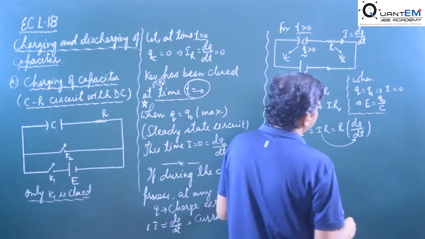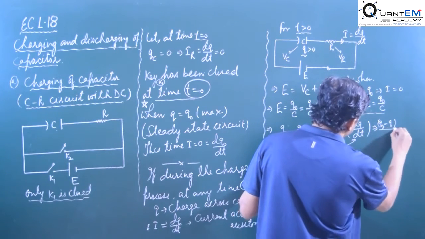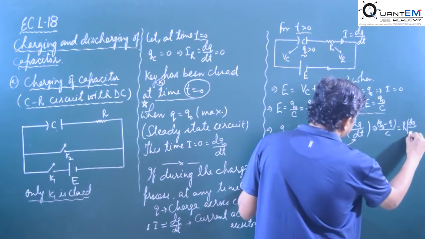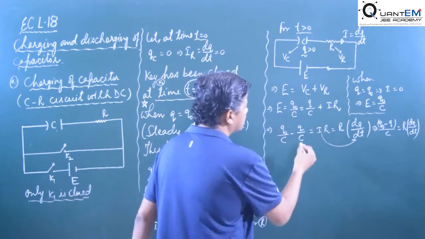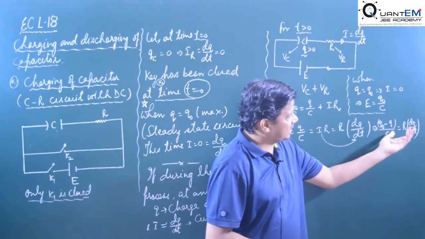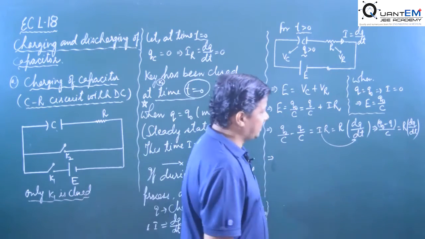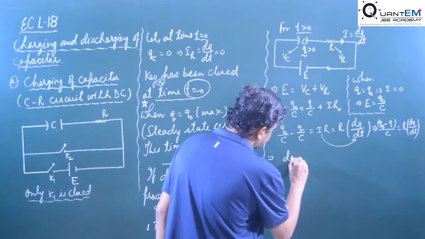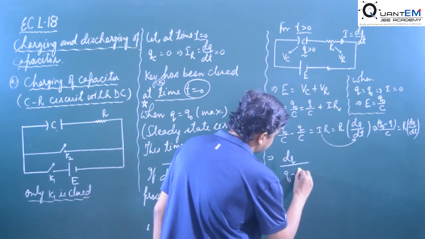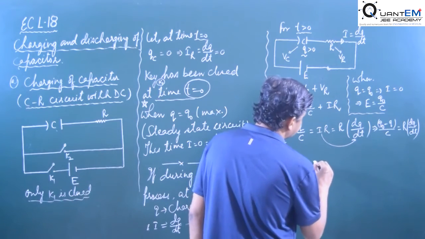So (Q naught minus Q) by C is equal to R dq by dt. Now the next step: this is a differential equation. Solving this differential equation, we may get the value of charge across the capacitor at any time t. So the next step is Q taken to one side, Q naught minus Q, and that will be equal to what?